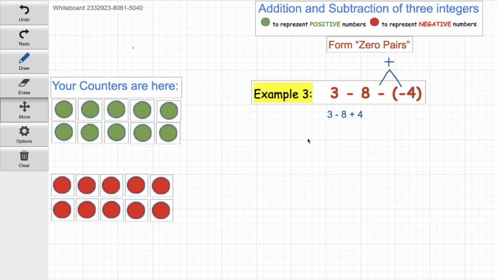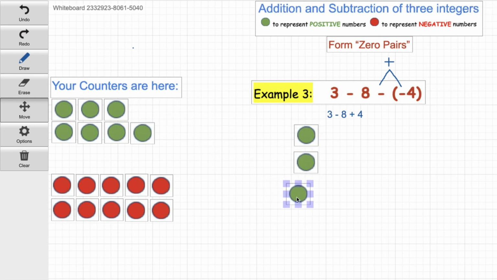Now we follow the same concept to use the counters to represent each number according to its sign. So the first number here is +3. And which counter are we going to use to represent +3? Very good. We're going to use the green counters to represent +3. Then the next number that we have there is -8.